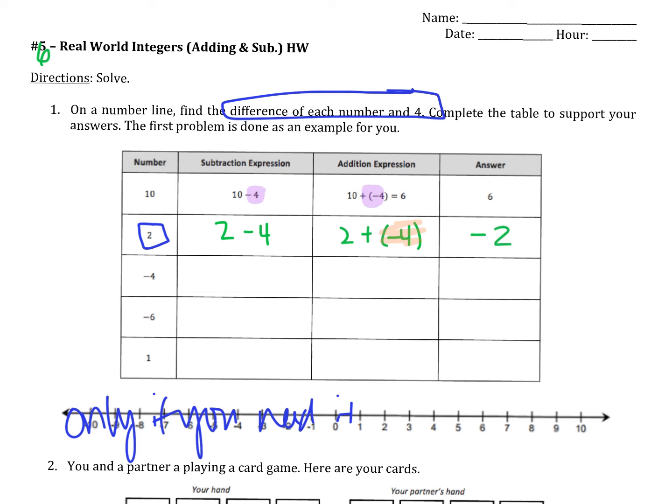You could use your number line to show you that as well. Start at 2, take away 4, we ended up at -2. Notice in both situations, though, I still wrote minus 4 and that plus -4 just like we would in that first problem. So you're going to just keep doing that same process by changing that first number to -4, -6, and 1.